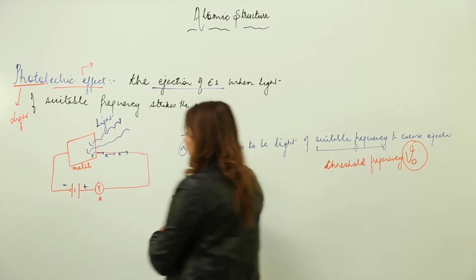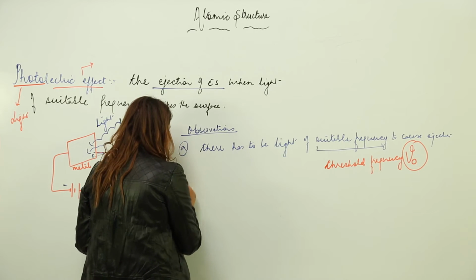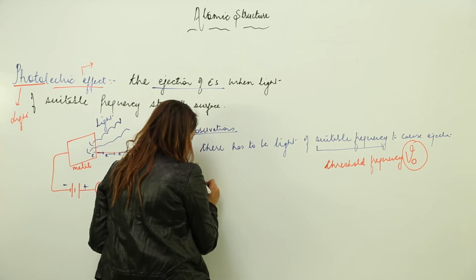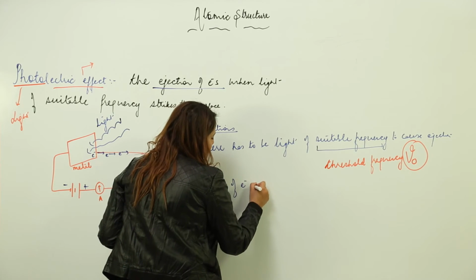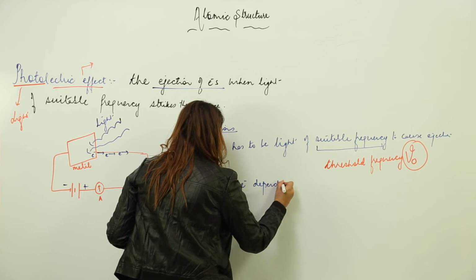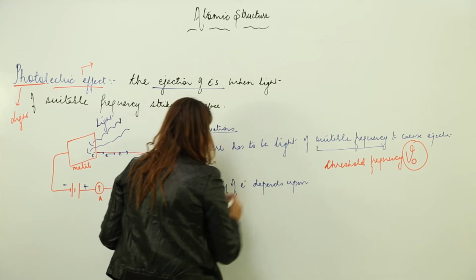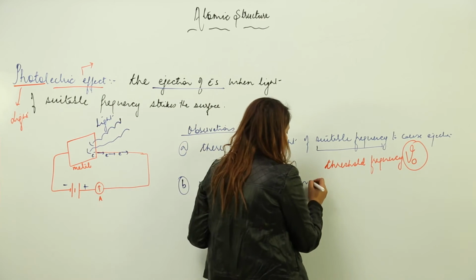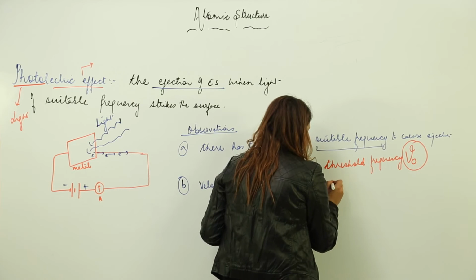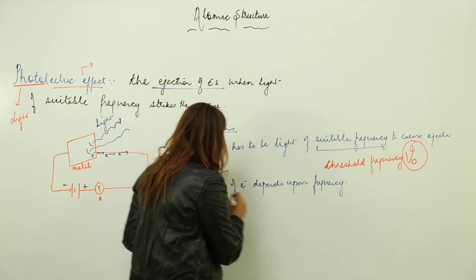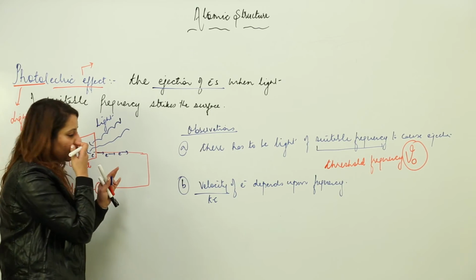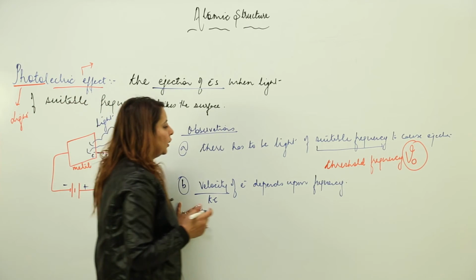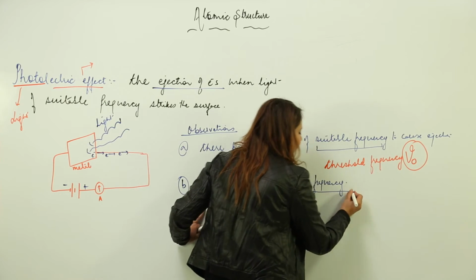The second observation is that the velocity of the electron depends upon the frequency. Velocity means they possess kinetic energy, as we have seen that electrons are emitted and they are moving also. So the kinetic energy of the electron depends upon the frequency.